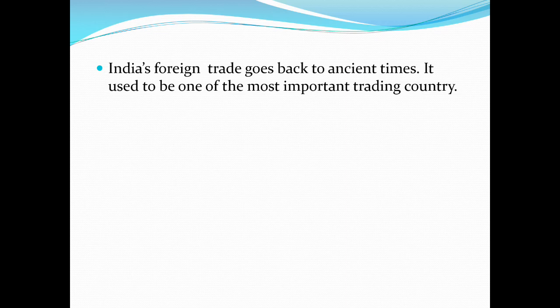India's foreign trade goes back to ancient times. It used to be one of the most important trading countries. So it was not that the colonial government came into India and that is how India started to export or import. It was before the colonial government that India knew how to export its items.